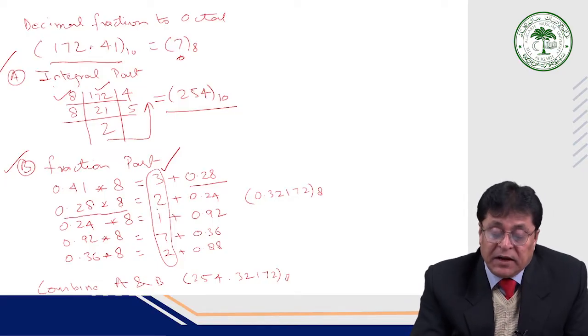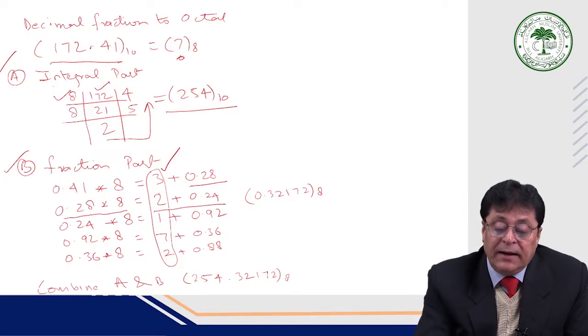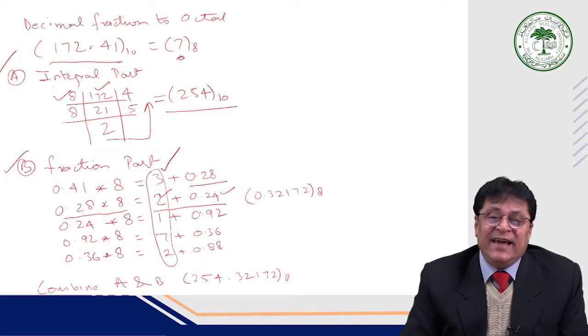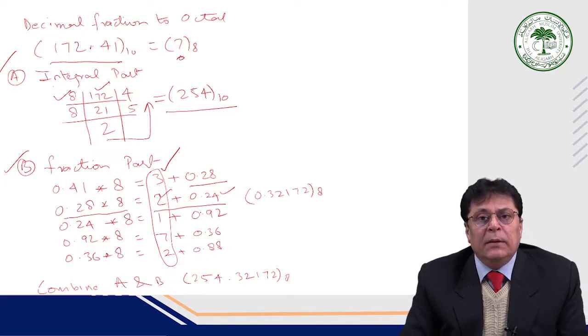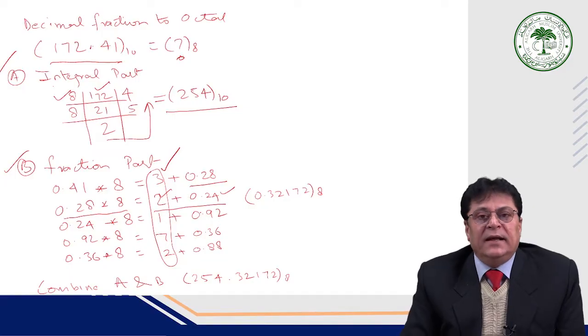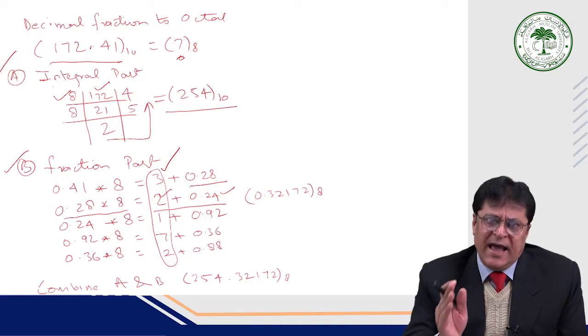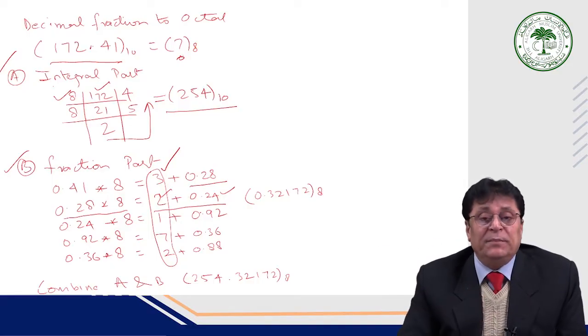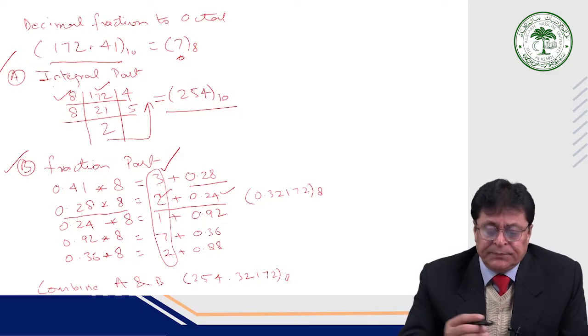Again we will record it like this, integral part and fractional part, and we will go on doing this till, as we discussed, we get 0. But in case it does not terminate at 0, we will stop somewhere, at as many points as we want, or as it is required.